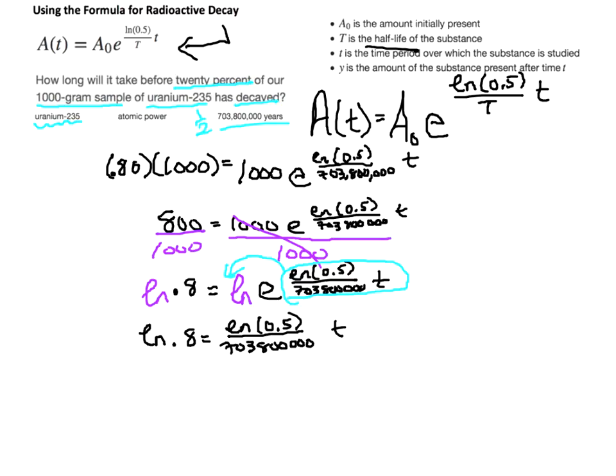And I multiply both sides of the equation by the reciprocal, 703,800,000 divided by the ln of 0.5, both sides, to get that off of the variable.